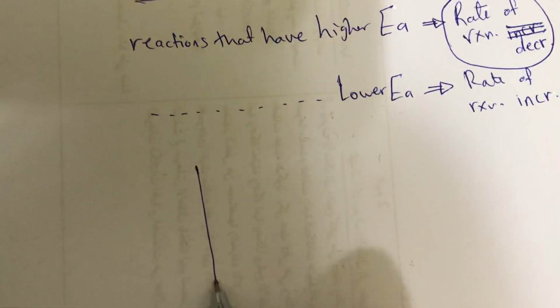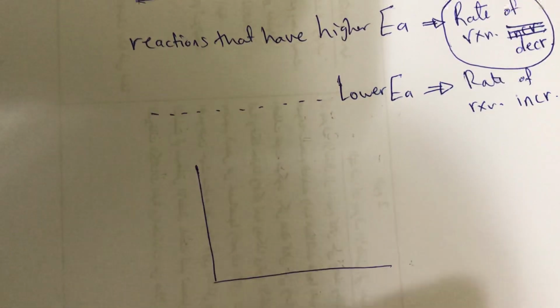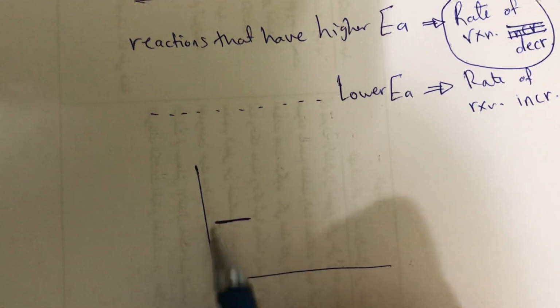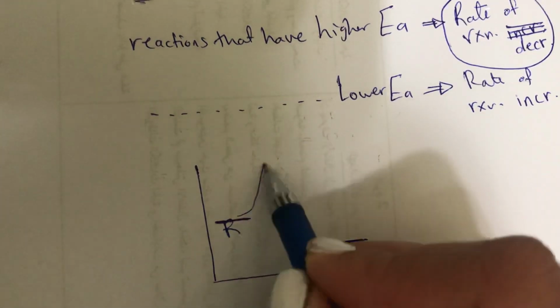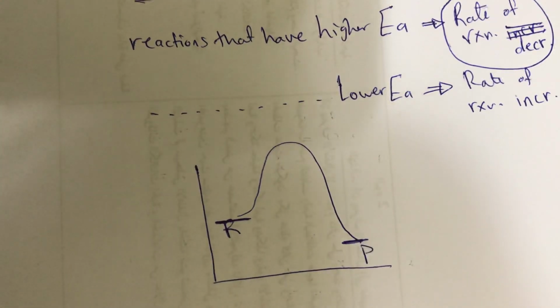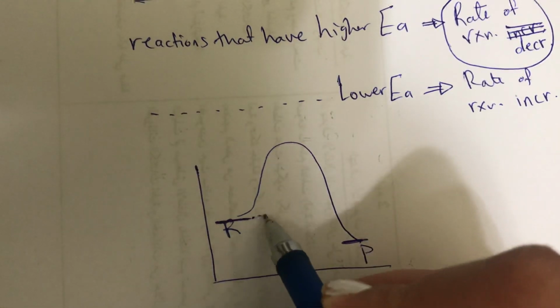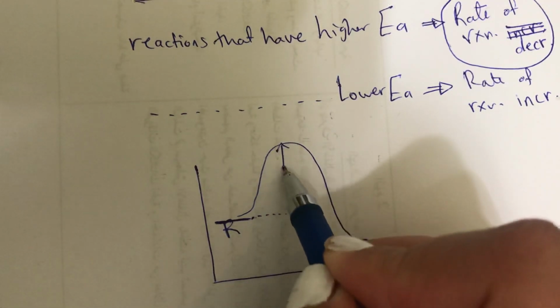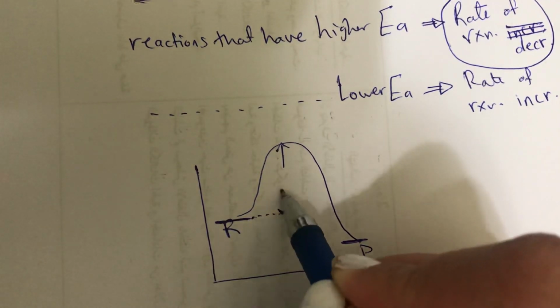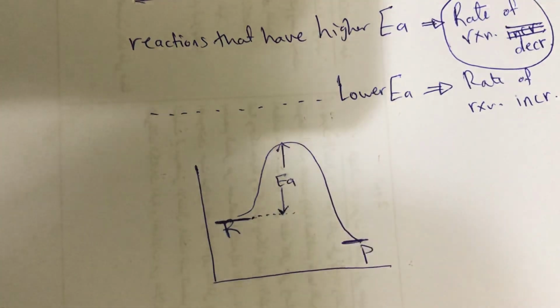If we draw an energy diagram, for example, here's the reactant and here's the product. The energy difference between the reactant and the top of the curve is called activation energy.